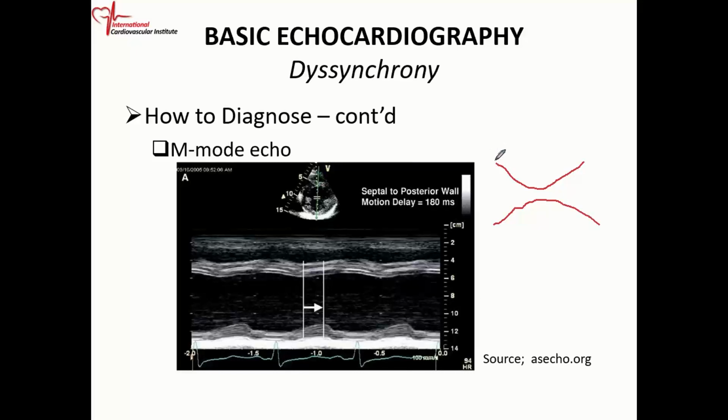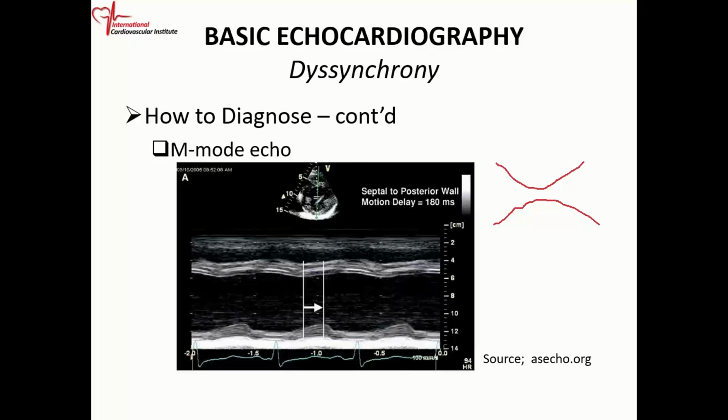You want to make sure the septum comes to meet the posterior wall. They're supposed to come together in systole because they're pumping. That's how you're going to pump. So this will be systole, and then this will be diastole when they relax to fill with blood.